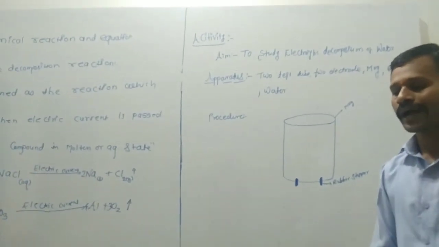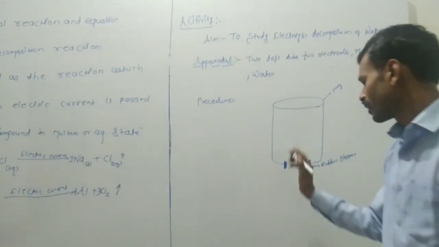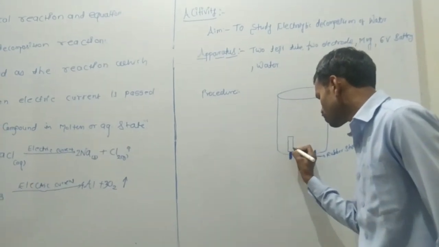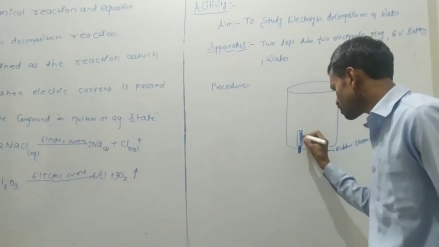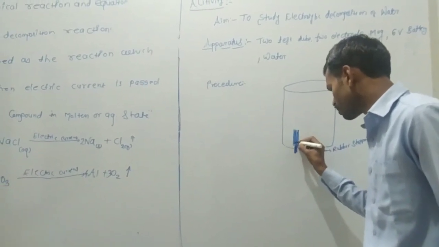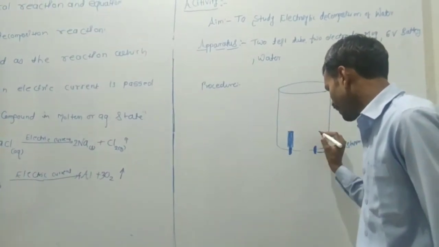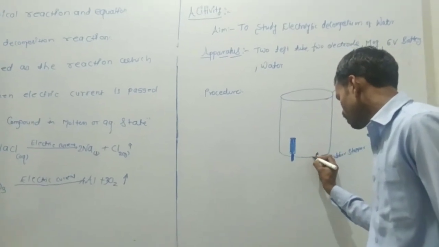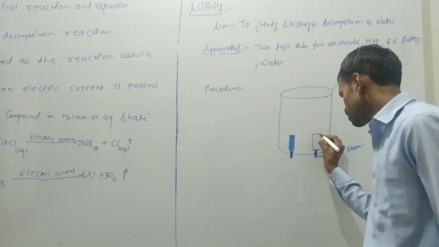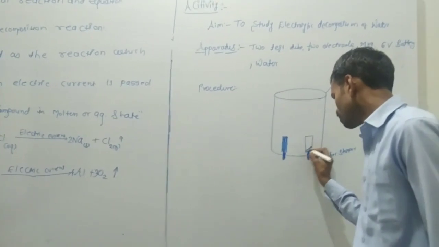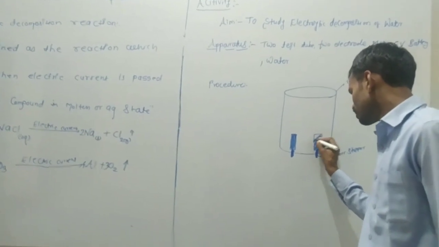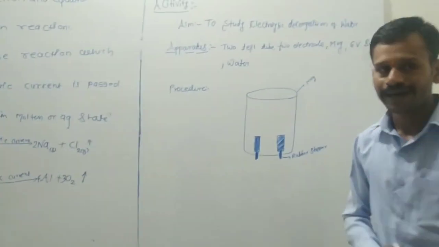One is the anode and the second one is the cathode. So two electrodes are actually used. This is the anode, and second we will use the cathode. These are the two electrodes. It is again attached.